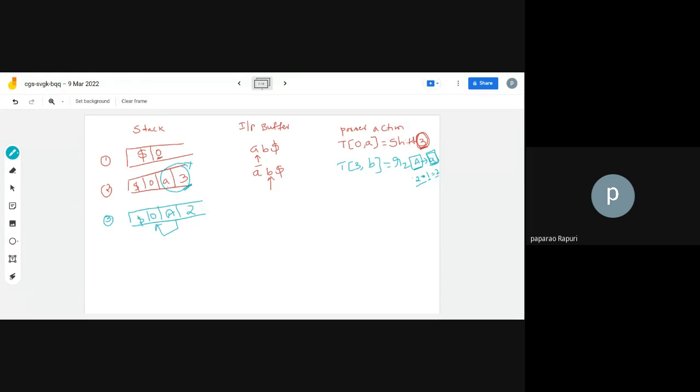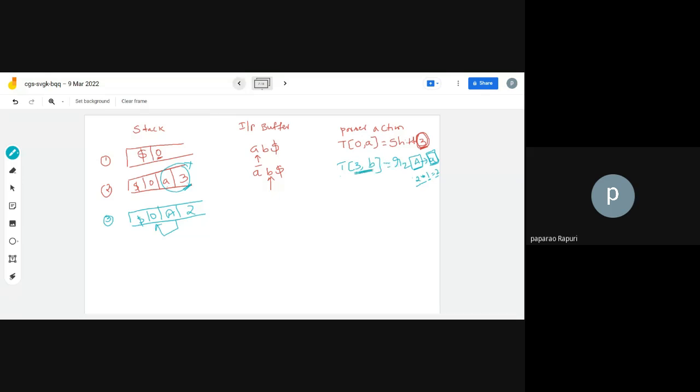I hope you understand. Again I will explain this point, sir. Suppose you are unable to understand the previous explanation, please concentrate. What I am telling is, here I read 3 as the topmost symbol of the stack and B in the input buffer.